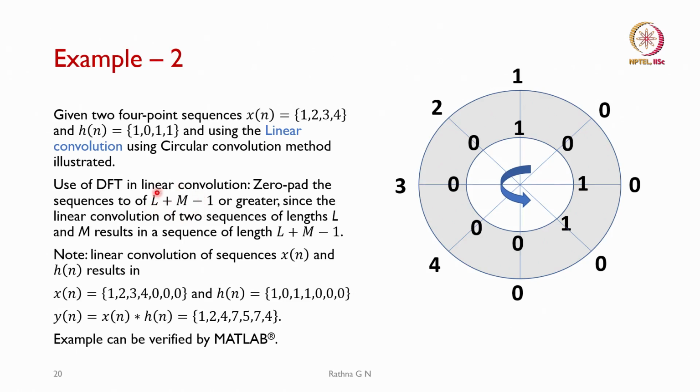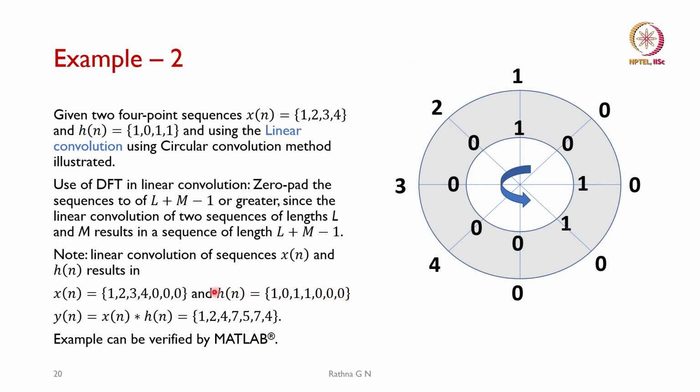We have to pad both of them with zeros to L plus m minus 1, where L is the length of x of n and m is the length of h of n. In this case, both are equal: 4 plus 4 is 8, minus 1, 7 will be the length. What we have is length 4, so we will pad with 3 zeros, and the other one also with 3 zeros.